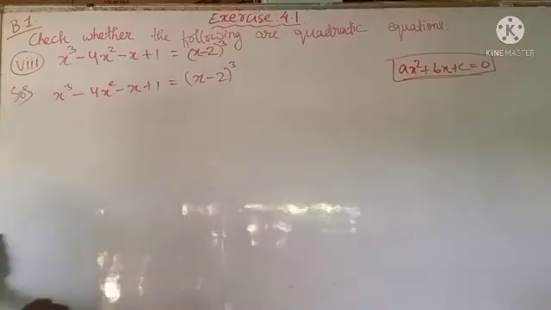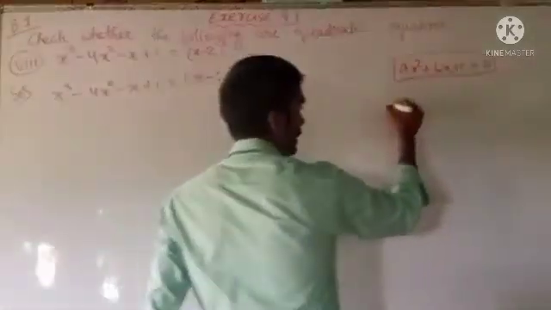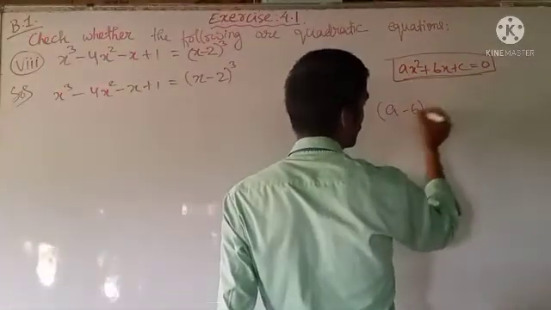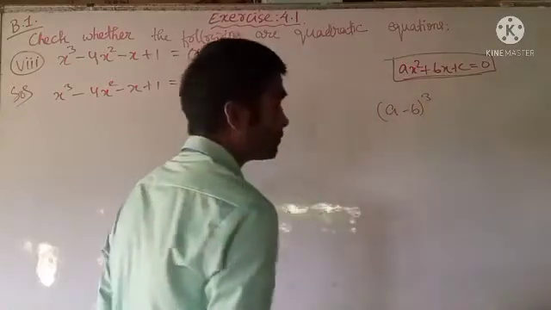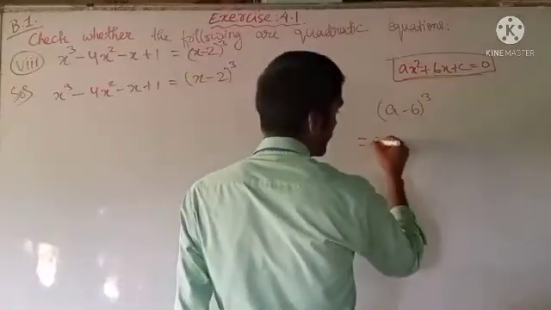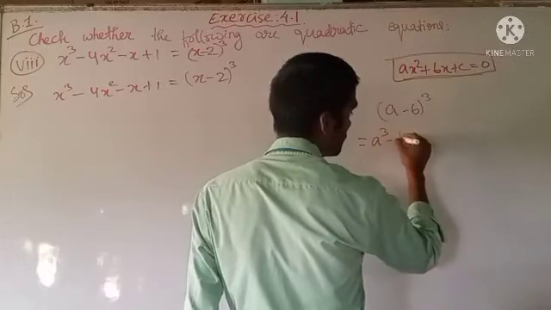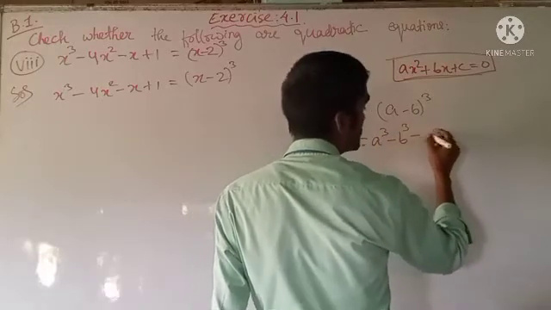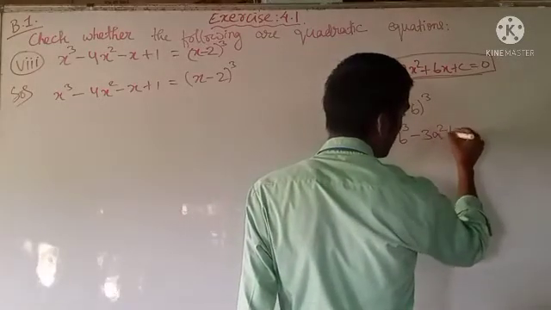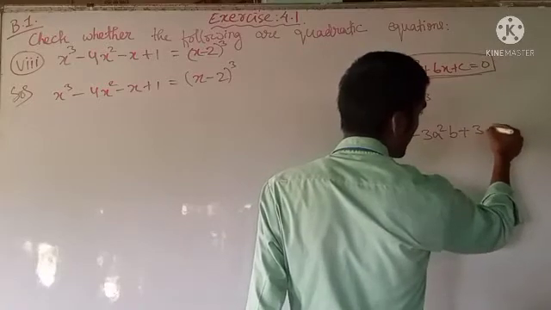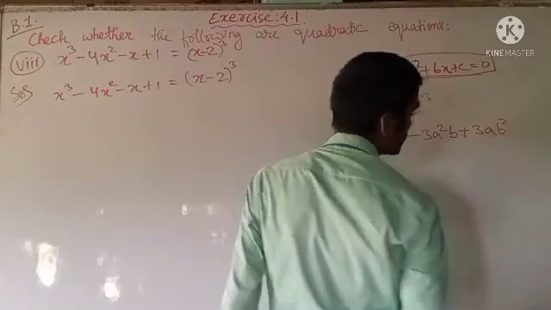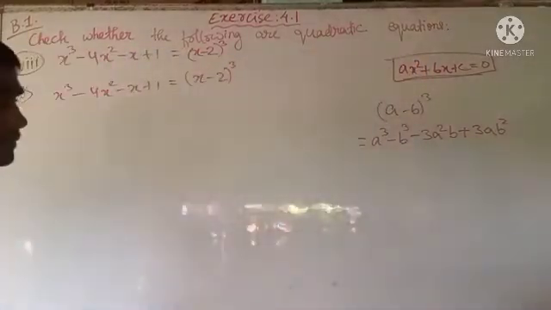So here we will use one formula, that is a minus b to the whole cube. We will use this formula, that is equal to a cube minus b cube minus 3a square b plus 3ab square. This is the formula that we are going to use here.